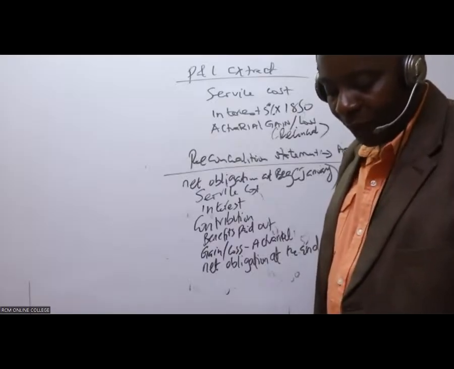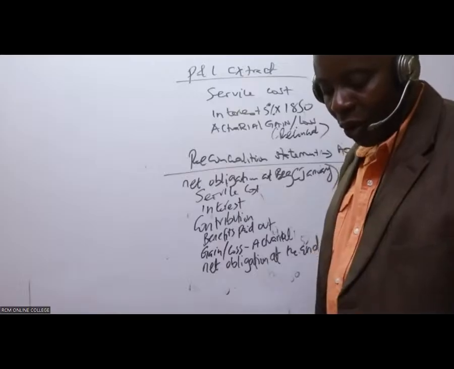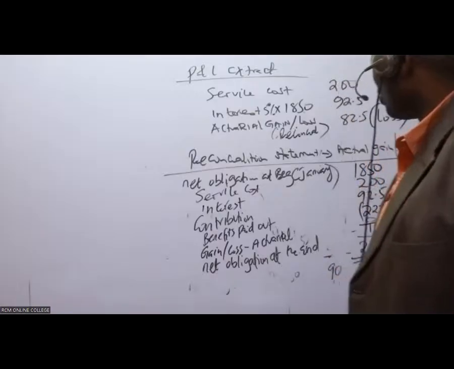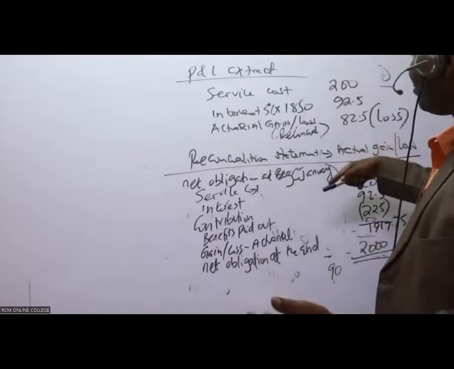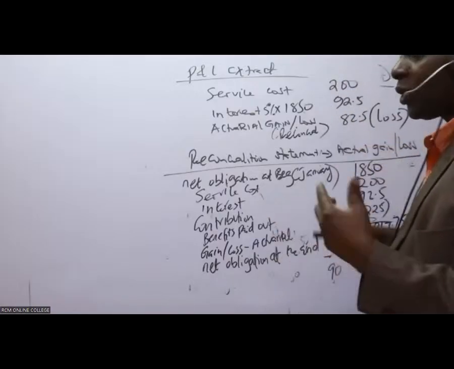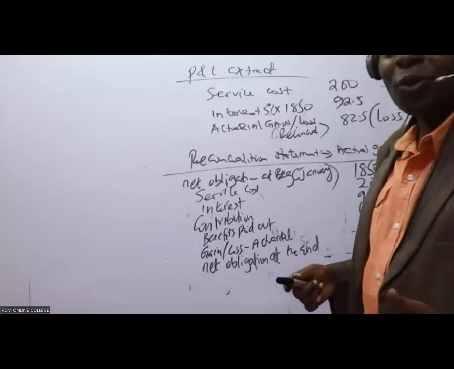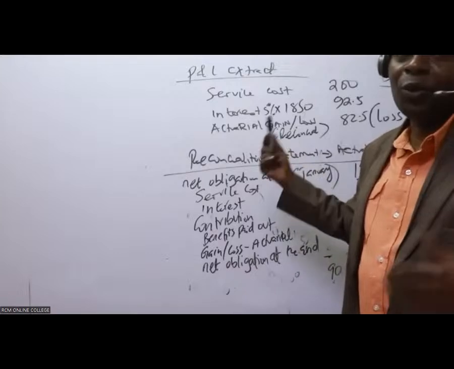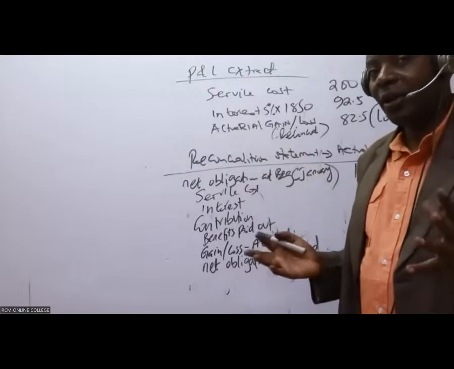In this case, we'll of course take this as a debit because it is a loss. When they tell you to explain, you should try to put some words into what you have been doing, for you to be able to get all the marks.